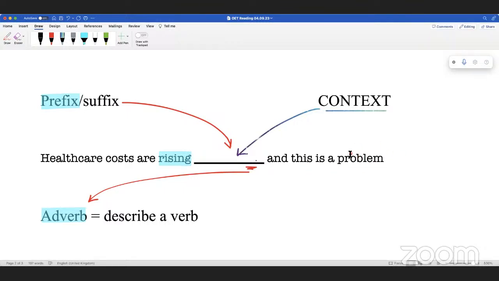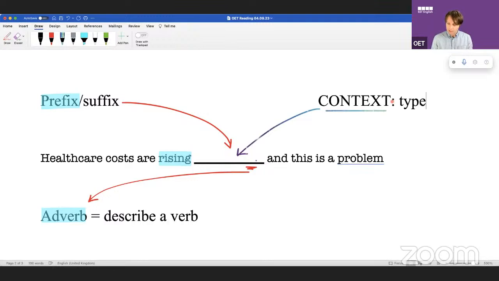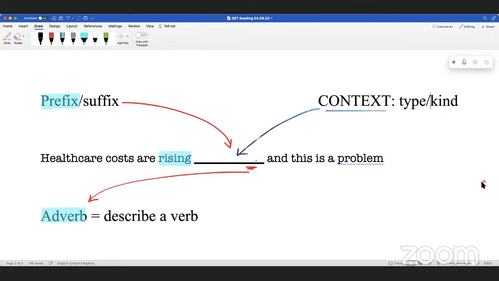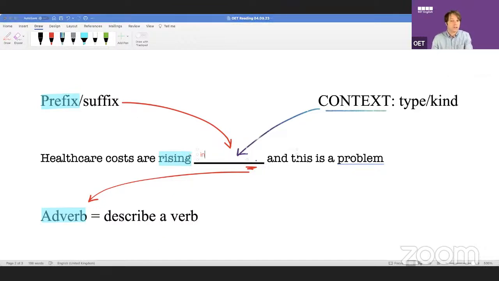So now that this is an empty space, we can look at it. When you're doing words, guys, you want to think about the type of word, the kind of word that can fill in the blanks. Mohammed, Michelle, could you say hello? Hello, sir. Elena. So Mohammed, we know that this is describing a verb. We know that it's got "in," which is a prefix meaning like not, right?